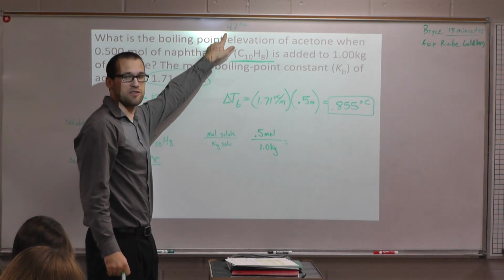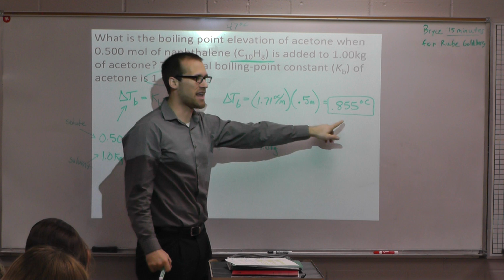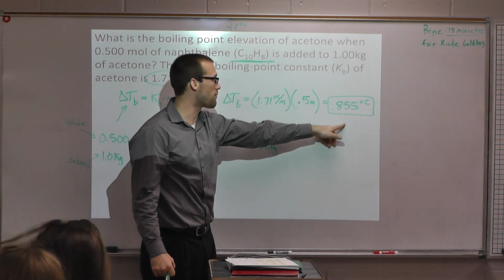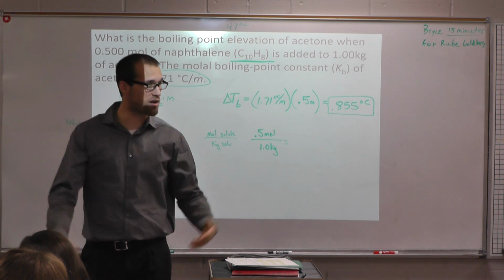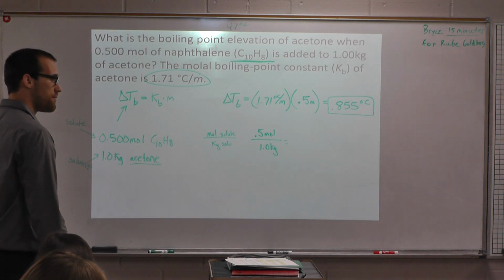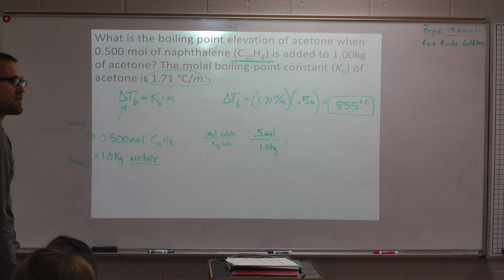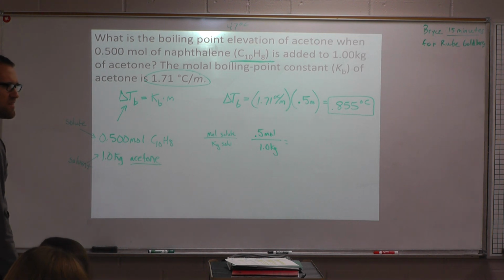This is the boiling point if it's pure, and this is how much it got elevated. So the solution's boiling point would be 47.855. I'm just showing you a way that they could come at you. Questions before I move on to the next problem? There wasn't a whole bunch of unit conversions here. Just be aware it's possible they could make you do some unit conversion.